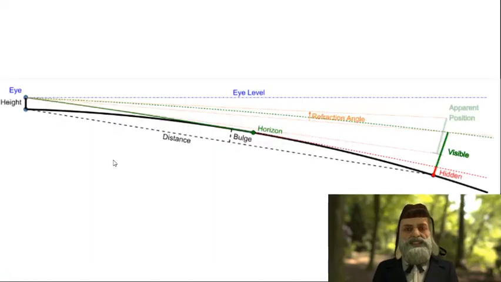If we look at an image that actually takes the curvature of the Earth into account, we see something like this. This is also from Wolty-Bislin's curve calculator. And we see the horizon and the portion of the object that should be hidden by the horizon.